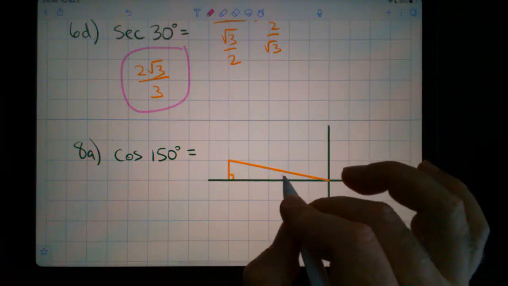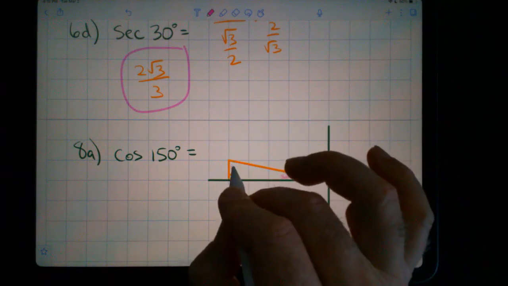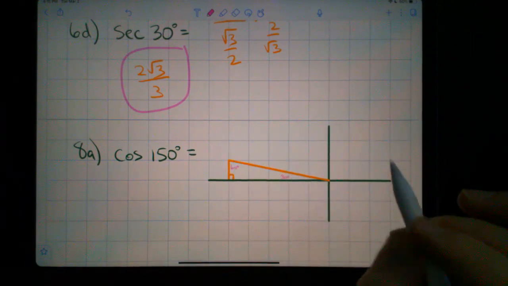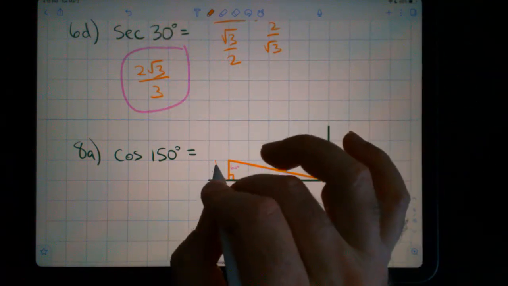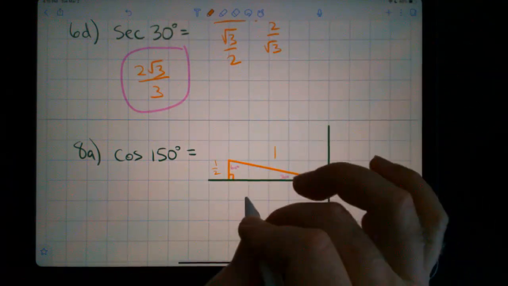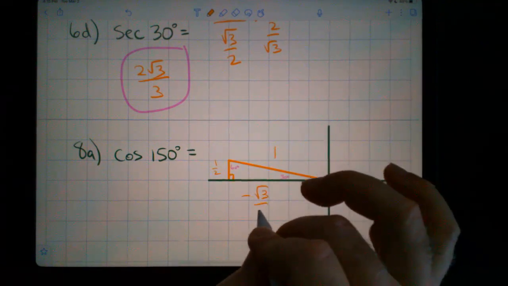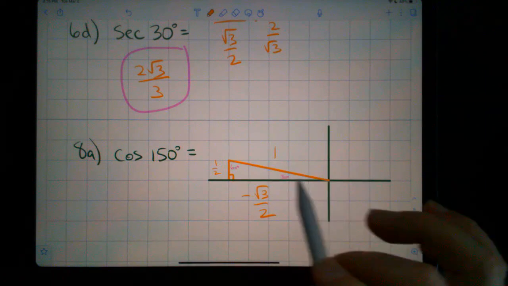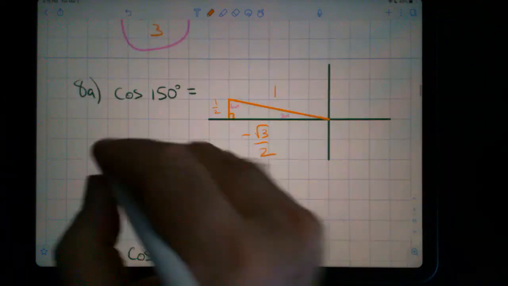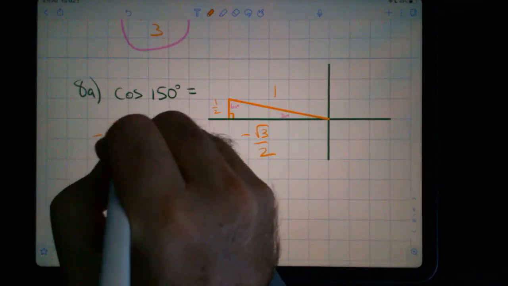So my angle in here is 30 degrees. This has to be 60 degrees. We have our familiar 30, 60, 90 triangle, 1, 1/2, and this is in the negative direction. We have negative radical 3 over 2. So cosine is the x value. Cosine is going to be negative radical 3 over 2.